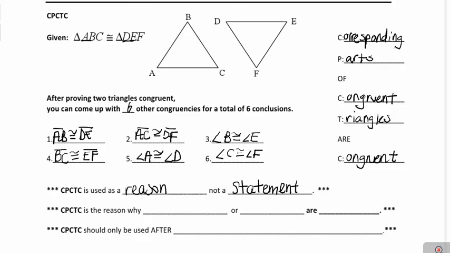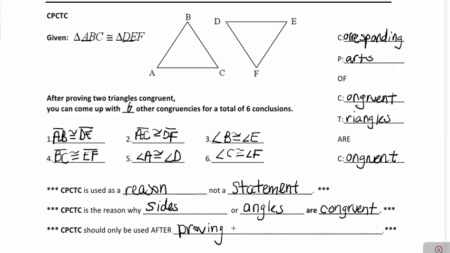CPCTC is the reason why sides or angles in the two triangles you prove congruent are also going to be congruent. So we use it to prove sides congruent or to prove two angles congruent in two triangles. This last one is very, very important. We always use CPCTC after proving two triangles congruent.